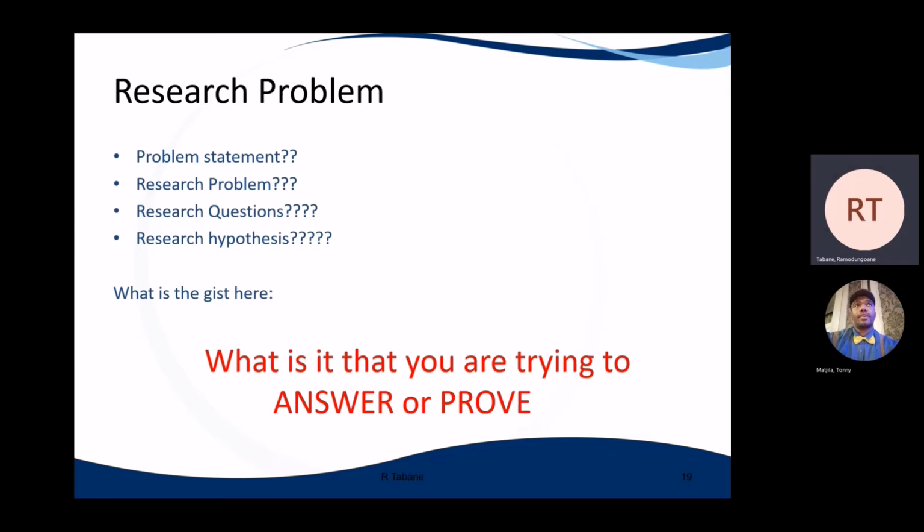So if they ask you to put your question in a statement format, write a statement. That statement must not be more than 1 page. If they ask you to put your problem in a research question, then put it in a research question. Ask your question. If they ask you to do it in a hypothesis, do it in a hypothesis, depending on your methodology, of course, your approach.